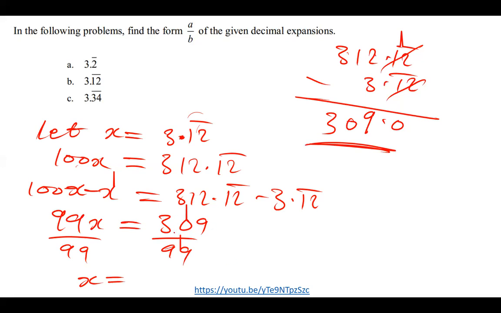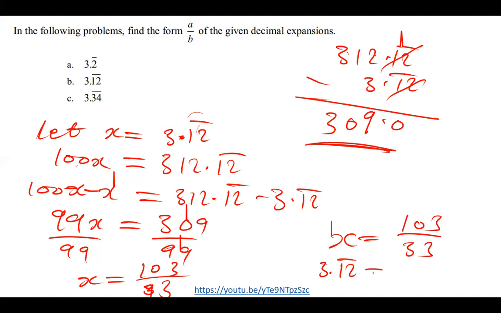When you divide 309 by 3, 3 into 3 is 1, then 0, 3 into 9 is 3, and 3 into 9 is 3. So the value of x is therefore equal to 103 over 33. You can conclude by saying 3.12 repeating is equal to 103 over 33.